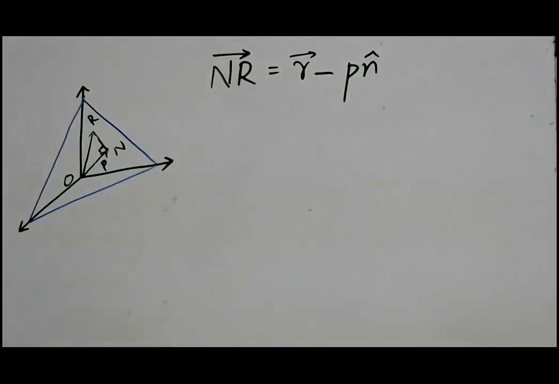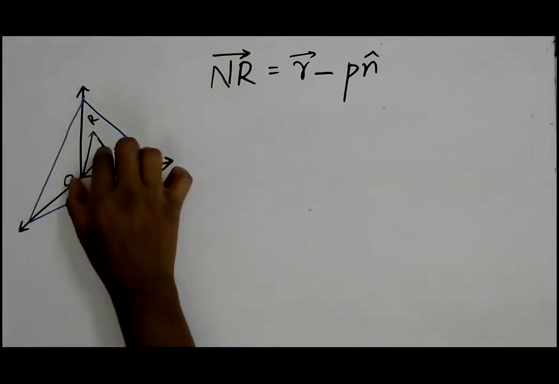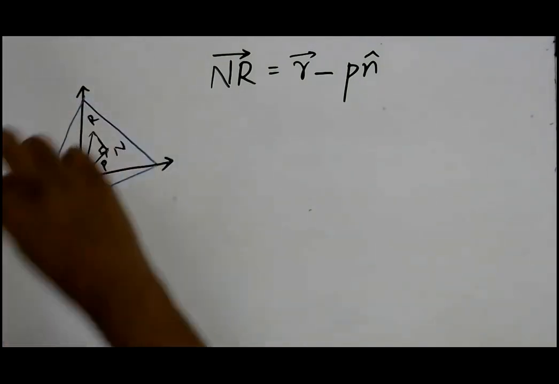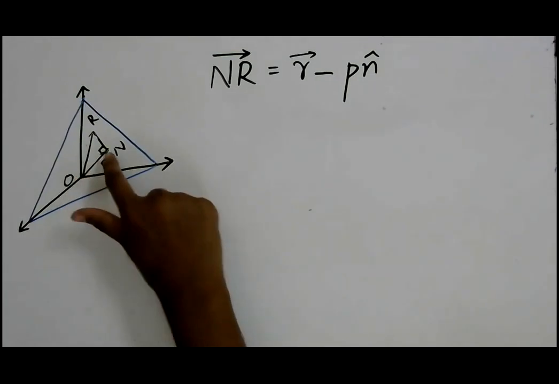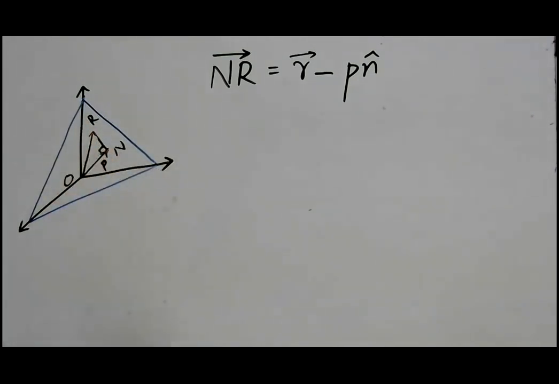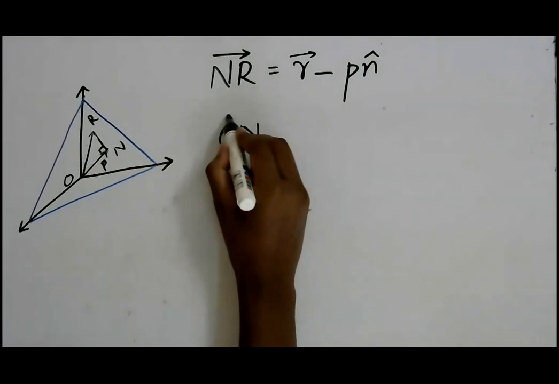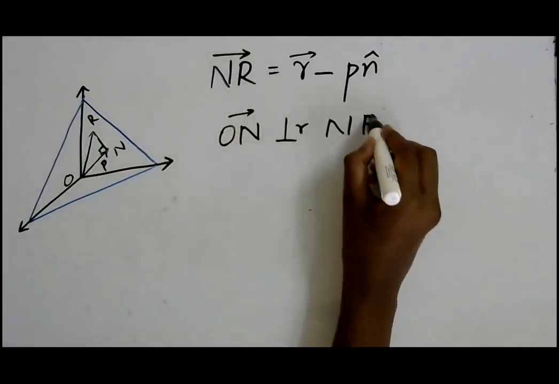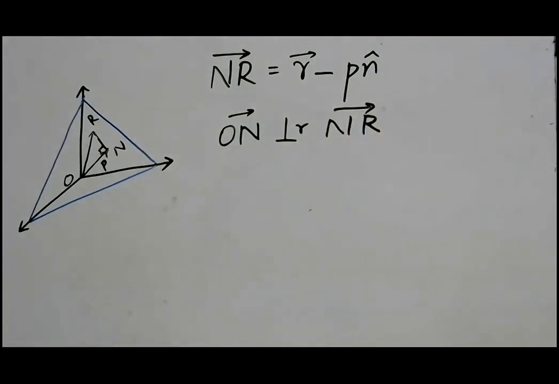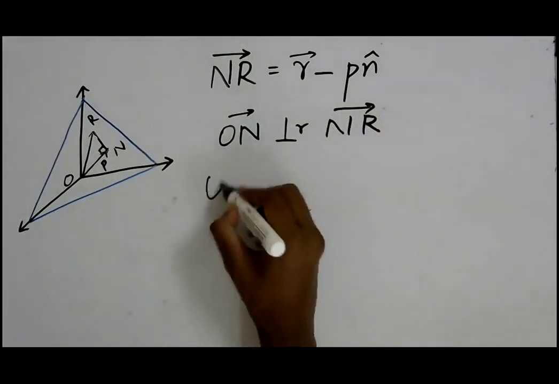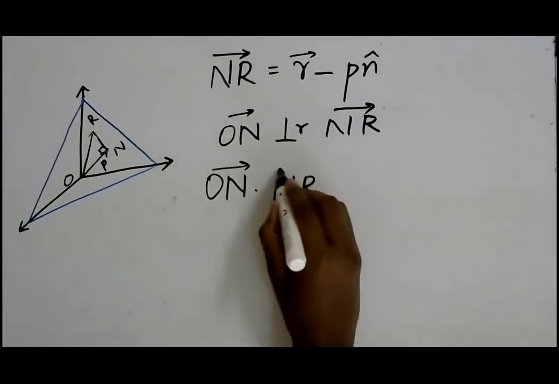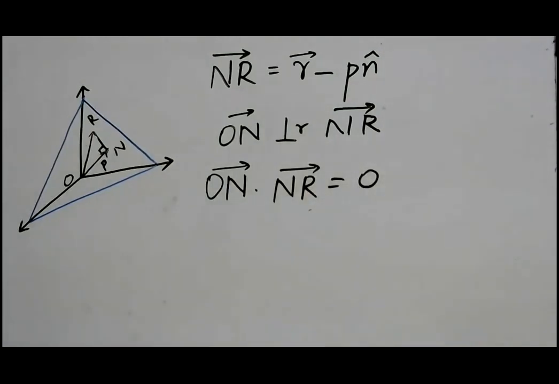So if you see, this NR vector lies on the plane, right? And also I know that ON vector is perpendicular to the plane. So since NR vector is lying on the plane, that means ON vector is perpendicular to NR vector. So from the dot product definition, ON vector dot NR vector should be equal to 0, right?